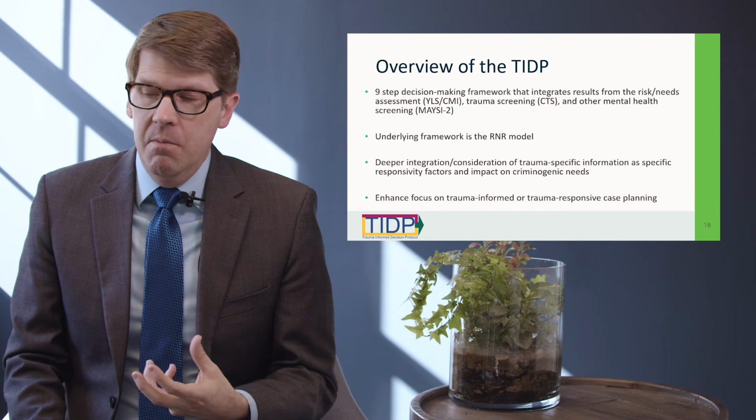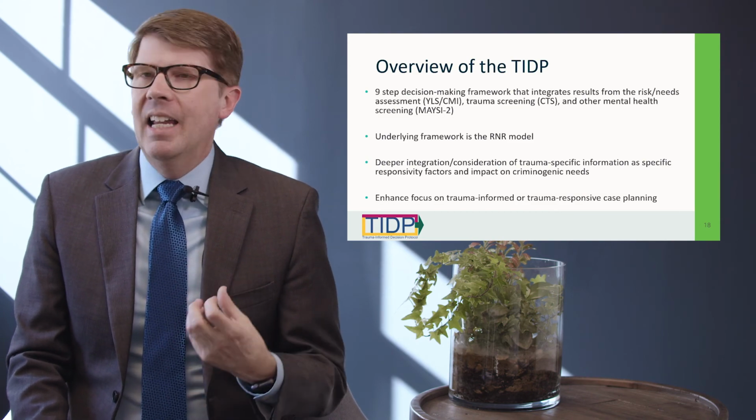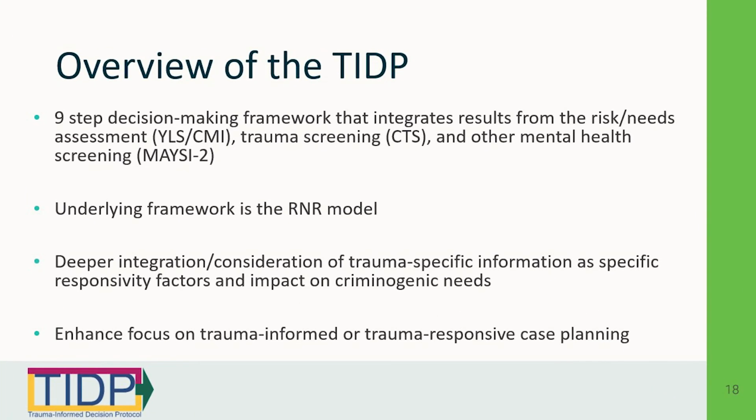The TIDP is essentially a 9-step decision-making process that integrates information from the trauma screen and the risk needs assessment and the mental health screen.